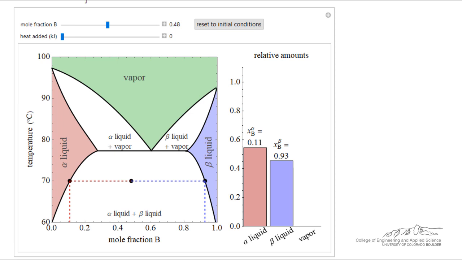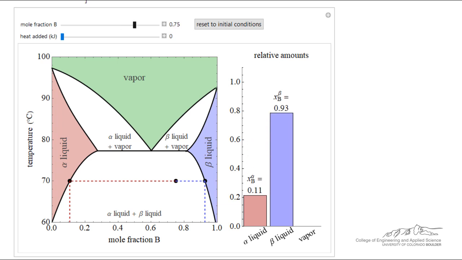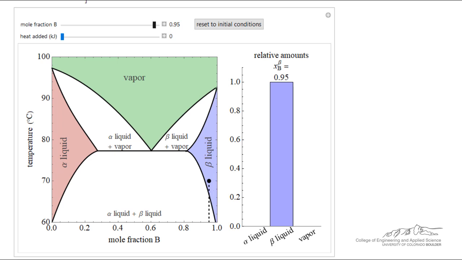And so the relative amounts of each of these phases we can calculate from the diagram using the lever rule. And if I increase the mole fraction, move to the right, then we have more of the beta phase and less of the alpha phase. And over here we have one phase now, and this is a single phase that has both components.